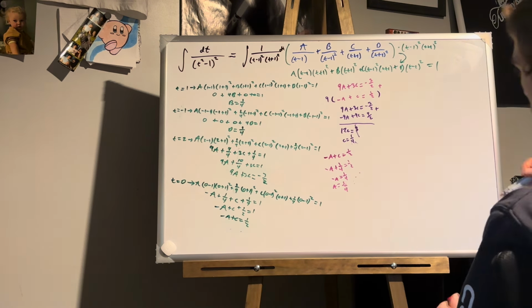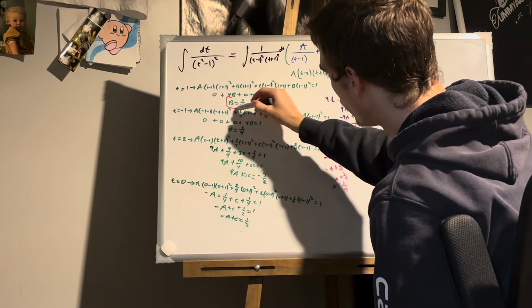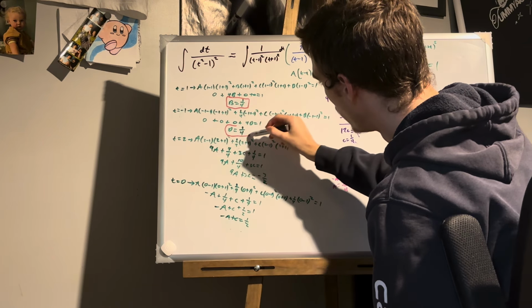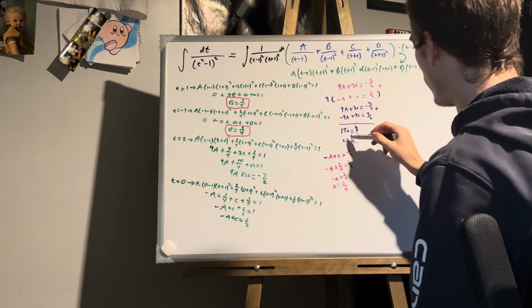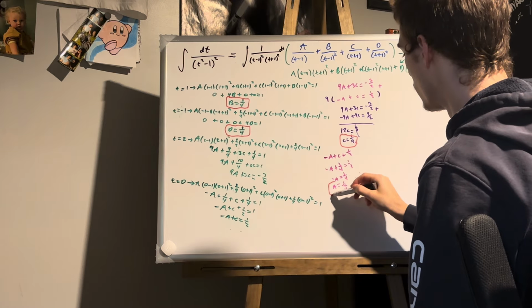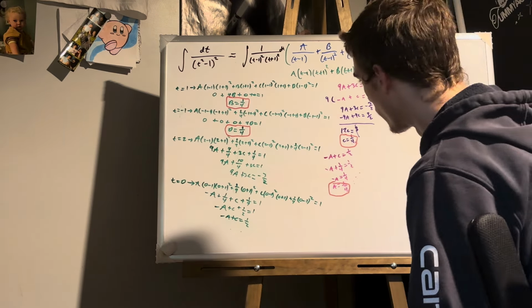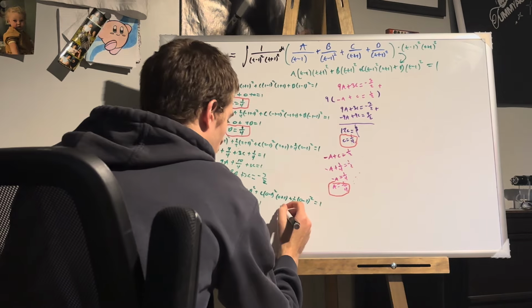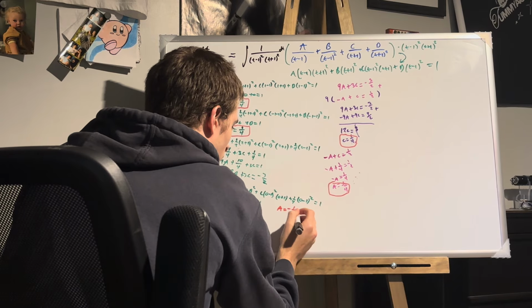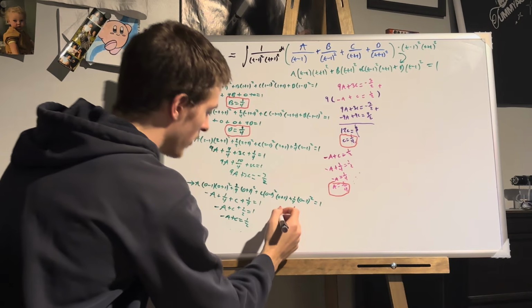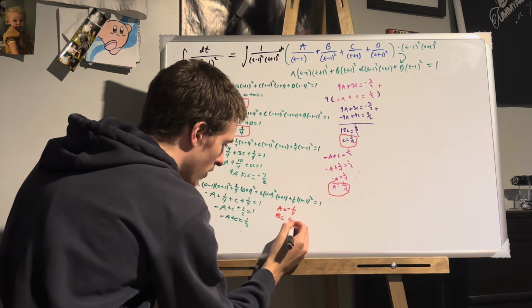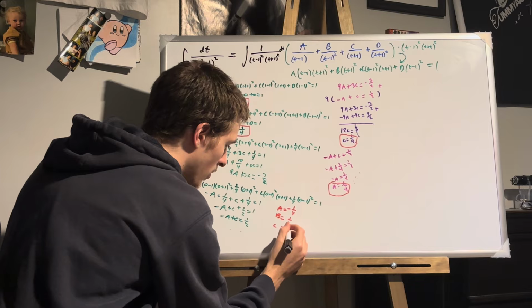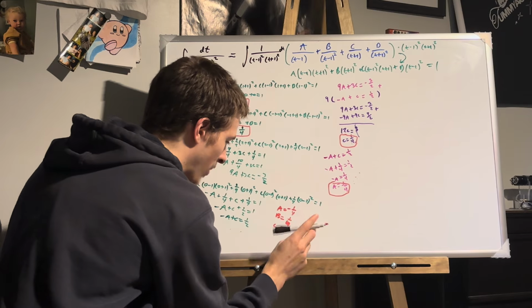So we now know b is equal to 1/4, d is equal to 1/4, that c is equal to 1/4, and a is equal to negative 1/4. Okay? So I like to usually write that all out.